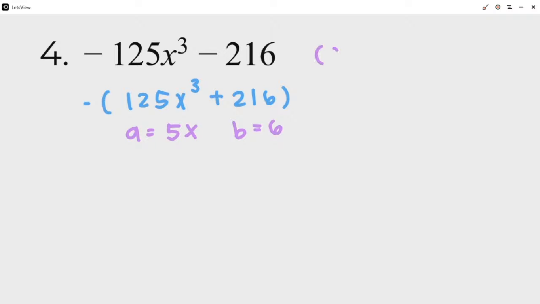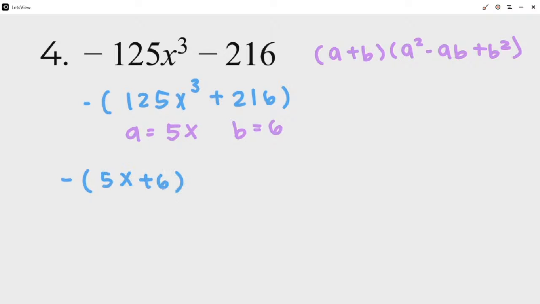So that would be a plus b times a squared minus ab plus b squared. We're going to keep the negative, and then we'll get 5x plus 6 times a squared is going to be 25x squared minus a times b is 30x, and b squared is 36.